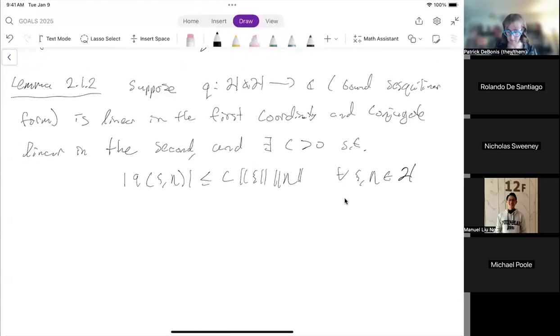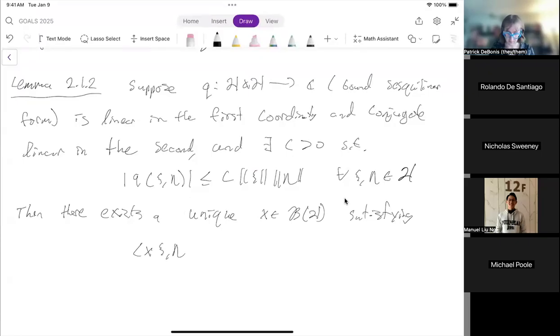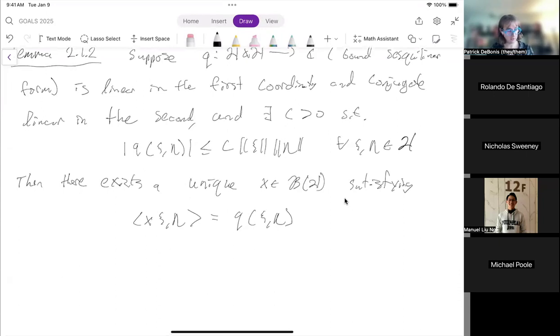So suppose you have a Q satisfying these conditions, then there exists a unique operator satisfying, well, it should be this form: the sesquilinear form Q of the two vectors is going to be realized by an inner product of some unique operator against those vectors, for all vectors.